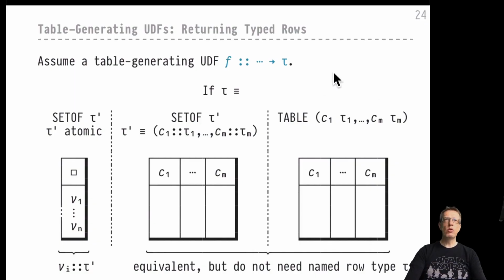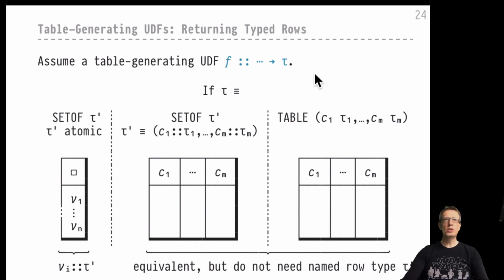Okay, so one final word on the return type of such table generating functions. If the rows inside your return tables are indeed of complex row types, not of atomic types, then of course there's the question of how would the individual columns of these rows be named, and what would be the types of the individual columns that your return tables contain.